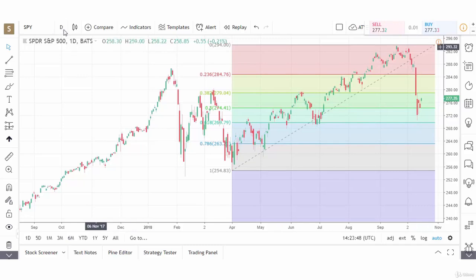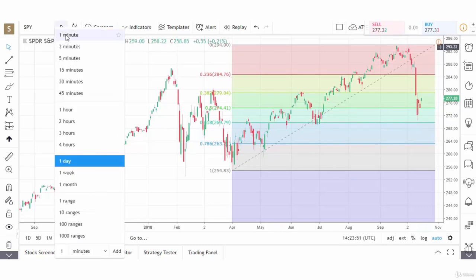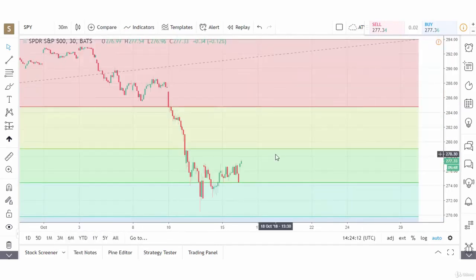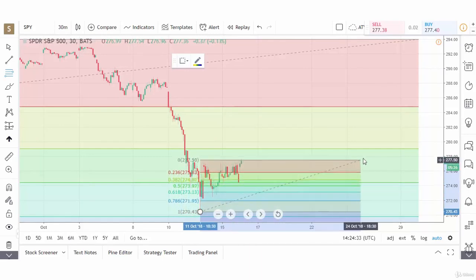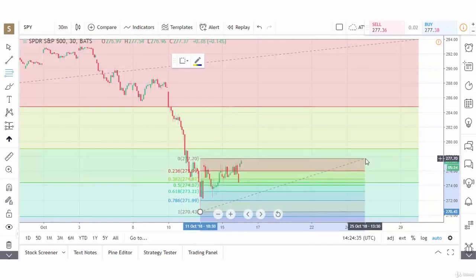Now let's drop down to a 30-minute chart and see how we would use Fibonacci lines in our multiple time frame analysis. In our 30-minute chart, we see we still have the Fibonacci lines from our daily chart. We're going to go over, choose Fibonacci retracement again, pick the low level that the S&P set, and then draw our lines up again to the high on this retracement.